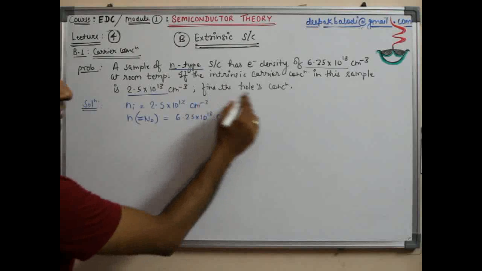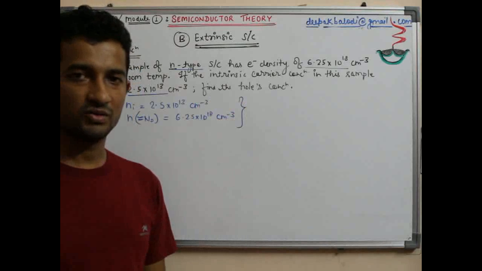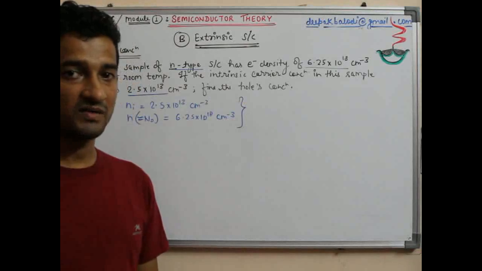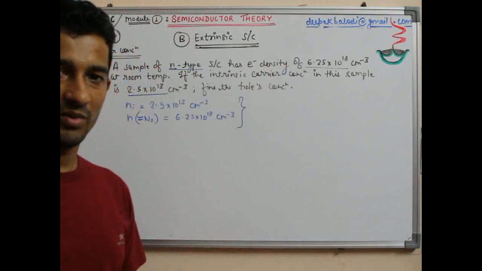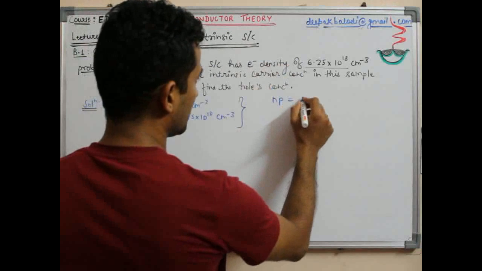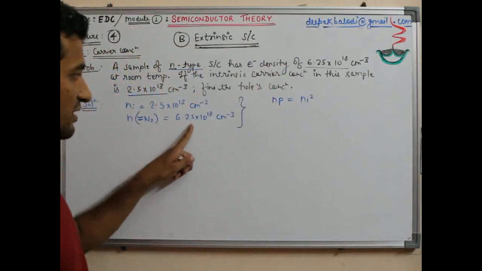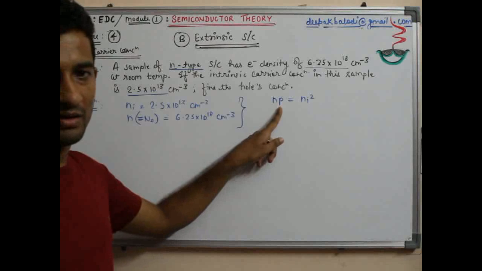And then we have to calculate the hole concentration. So it's very easy. Basically the problem's intention is to check our knowledge of the mass action law. If nothing is mentioned, we always assume thermal equilibrium. So at thermal equilibrium we know that n into p equals Ni square. n is the electron concentration that is directly given. We have to calculate the concentration of the minority carrier, that is holes.